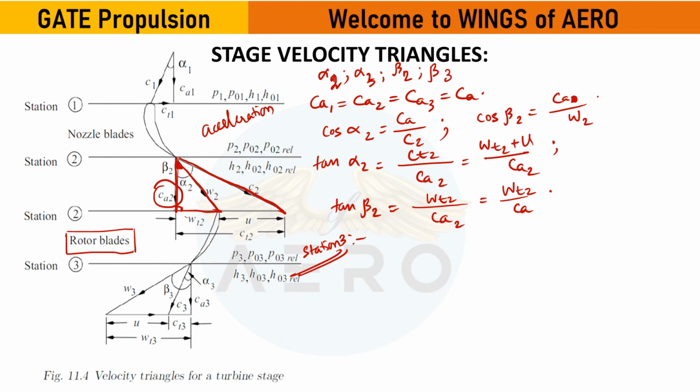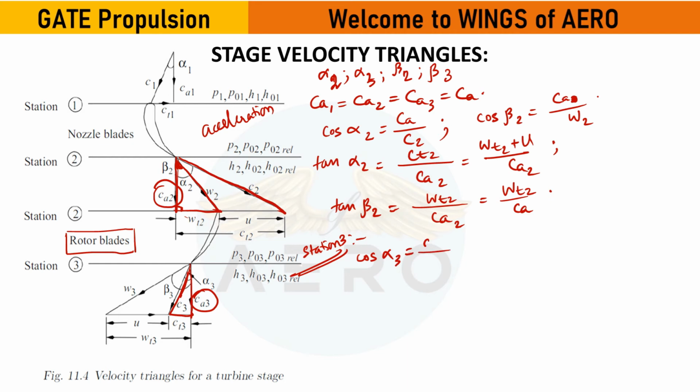How can we find for the station 3? Again let's consider this part. We'll consider Ca3 as the main constraint. So I can again take cos alpha 3 equals base by hypotenuse.